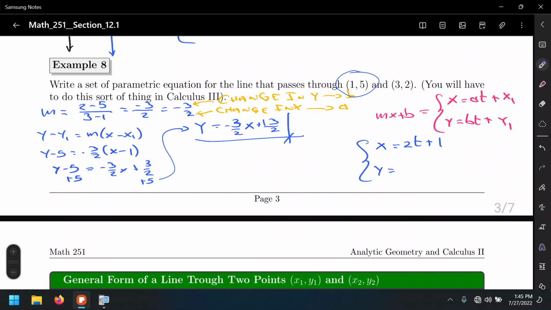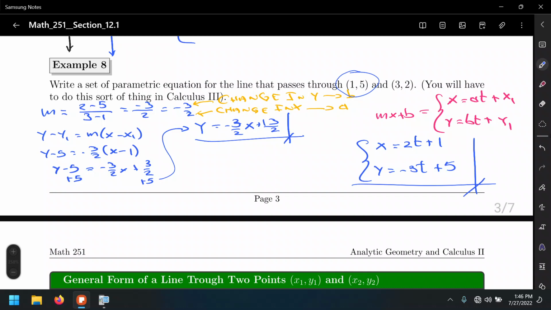And y equals the b value that comes from the slope, that is the change in y. But be careful, because I already used a positive number, we need to use the negative number in this case: negative 3t plus y1, where y1 in this case is 5. And that's how we parameterize a linear function.